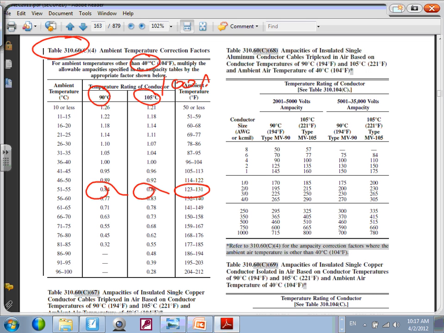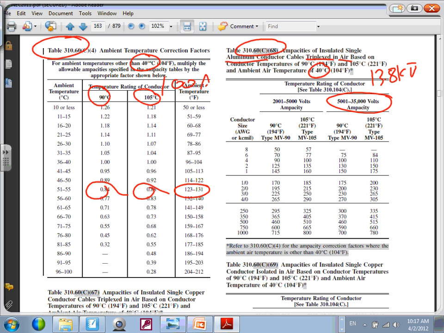Okay. This is the first ampacity table you're going to encounter, or the second. Let's just look at this one. 60 C insulated aluminum conductor, triplex, 3-in-1 in the air. The ambient temperature is 40. Okay, let's just say I have 13.8 kV, like I showed you guys. We're going to be right in here voltage-wise.